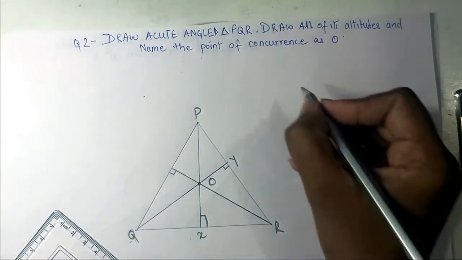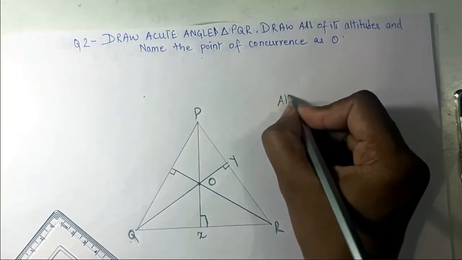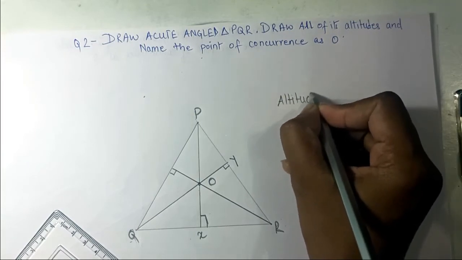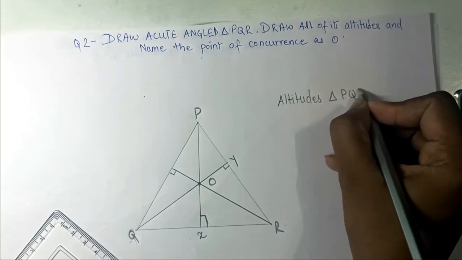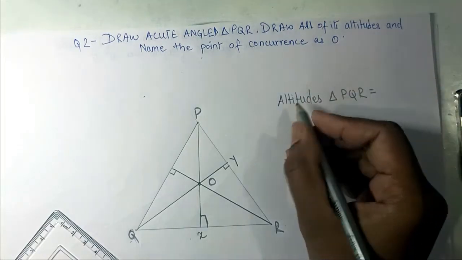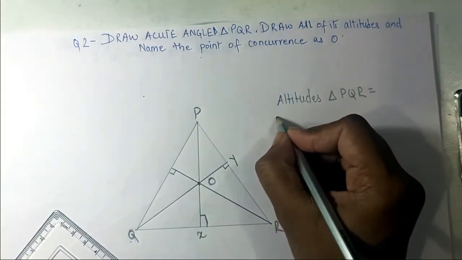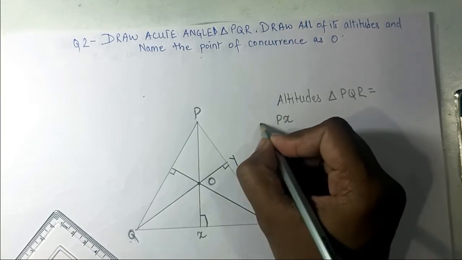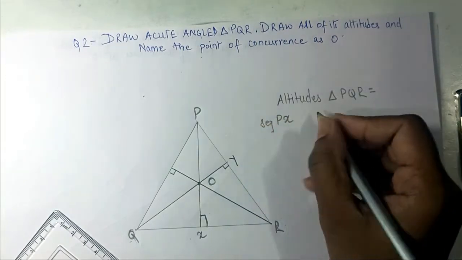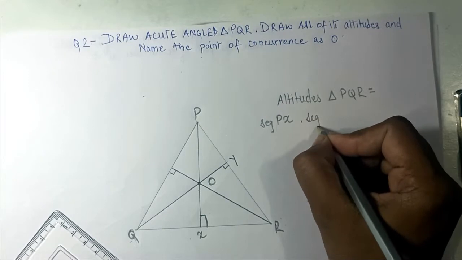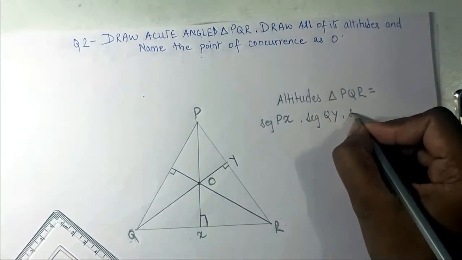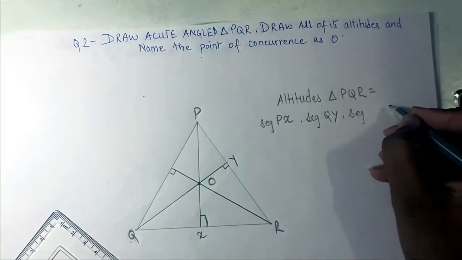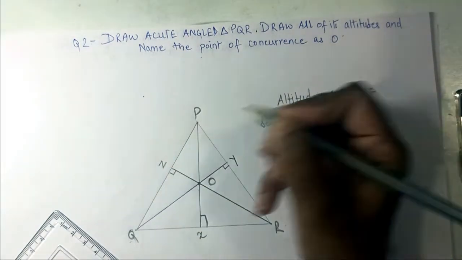So altitudes of triangle PQR are PX, segment QY, and segment RZ.